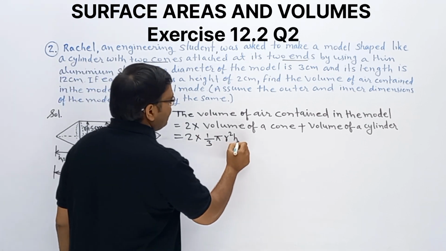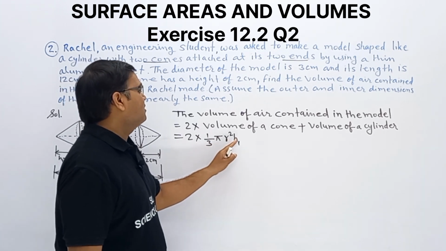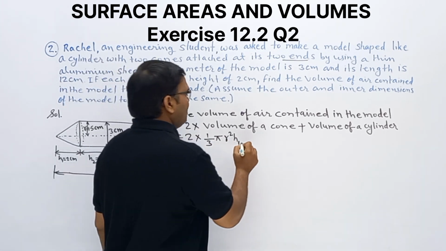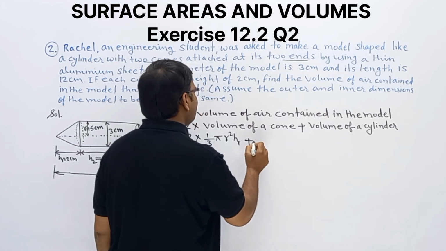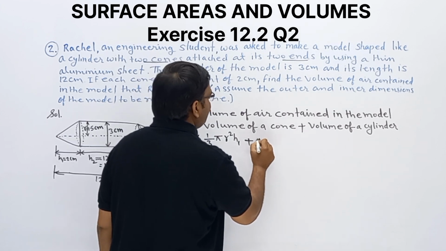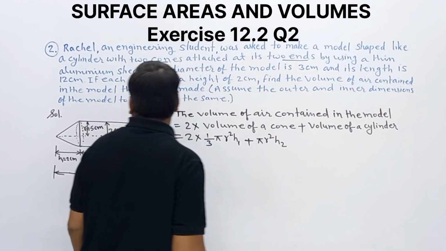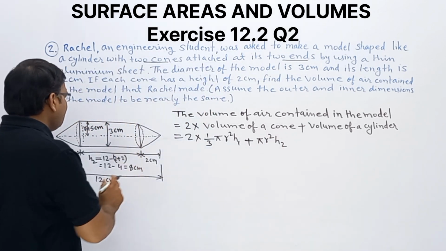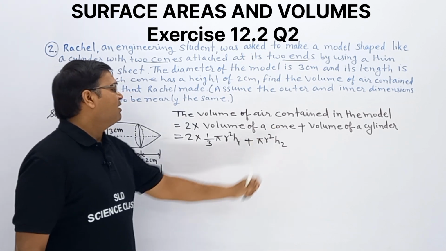So we will write 2 into 1/3 pi r square h1 plus the volume of a cylinder. The volume of a cylinder is pi r square h2, where the height of the cylinder is h2.